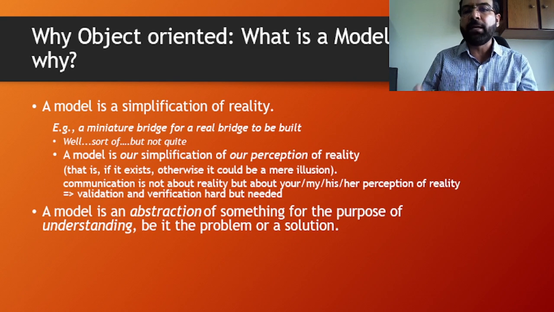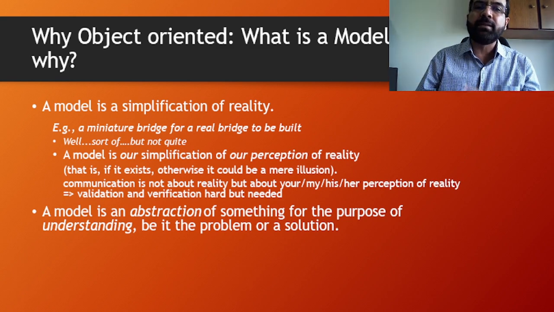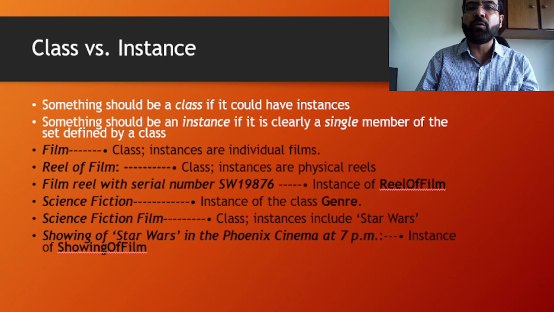Therefore it is called simplification as well. So it gives you a good understanding. That is the basic concept which we need to understand. And in object oriented, we are also focused on developing these models. So how to differentiate between class versus instances?